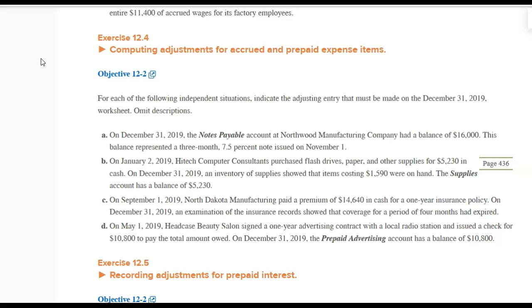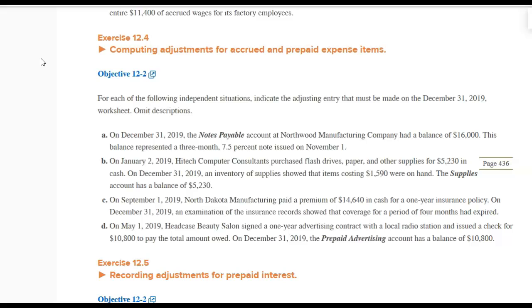Let's do that math. Oh, it's a 3-month note.